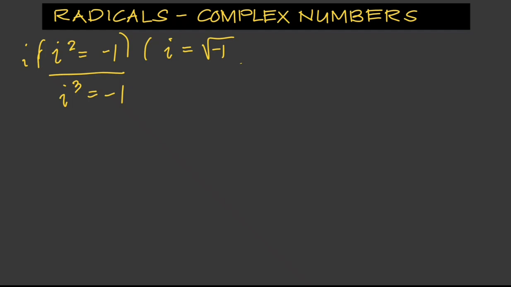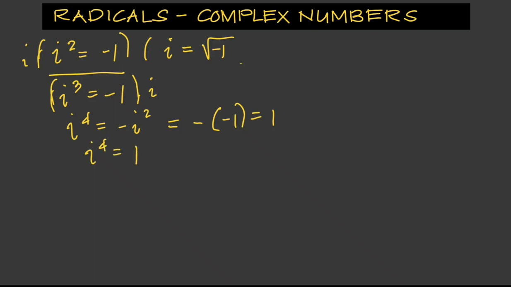If we multiply both sides again by i, then i to the 4th equals -i squared, but i squared is just equal to -1, so this is equal to the negative of -1, which is just equal to 1. Therefore, i to the 4th is just equal to 1.